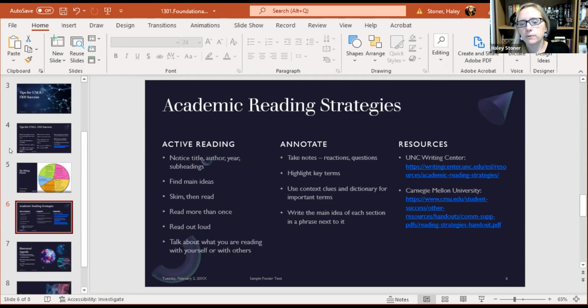You're going to be able to bring some of that back into your writing and to be able to really talk in a more advanced way about the research that you're doing when you're writing a research paper. So for academic reading strategies, if you haven't tried some of these, I definitely recommend trying these strategies out.